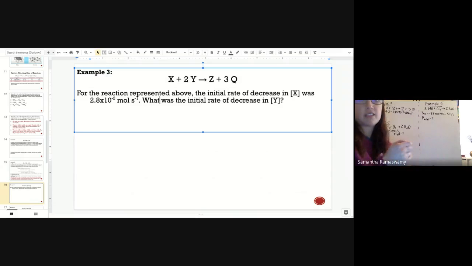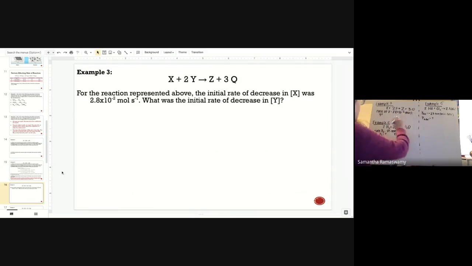Rate of increase or decrease or rate of appearance or disappearance is always based on stoichiometry. So 2.8 times 10 to the negative second, I'm going to start with that. And that's of X. Use the balanced equation. Right? If we use the balanced equation, for every 1 X, there are 2 Y's.